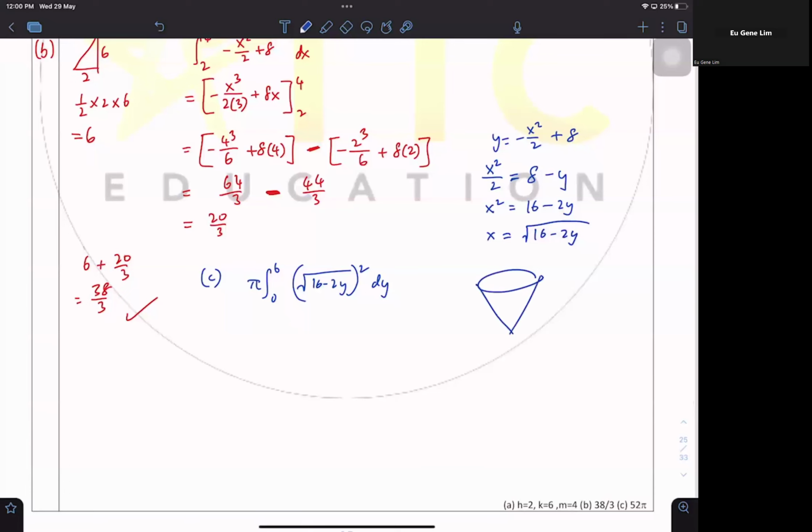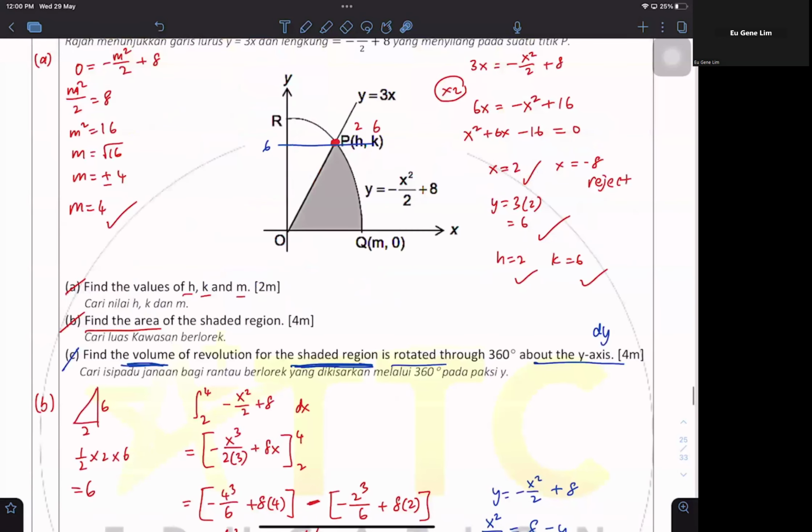So you need to minus the volume of the cone. If it is area, you minus the triangle. But if it is volume, the triangle rotates and becomes a cone. So do you know what is the volume of a cone? Do you know the formula?